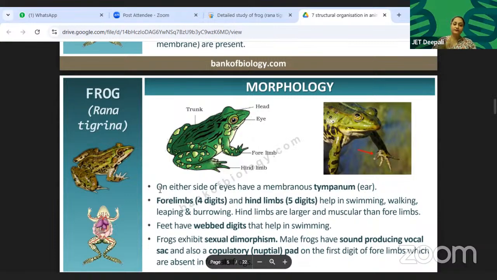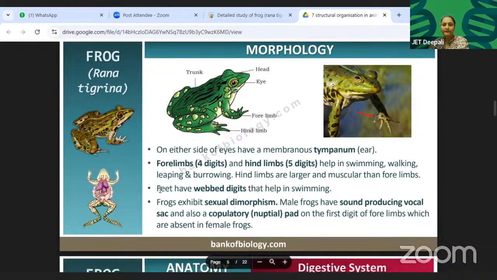Frogs exhibit sexual dimorphism. What is sexual dimorphism? Male frogs have a sound-producing vocal sac and also a copulatory nuptial pad on the first digit of the forelimb, which are absent in female frogs. The copulatory nuptial pad is there on the digit of the forelimb, and they have a sound-producing vocal sac, so they can produce sound, they can talk.